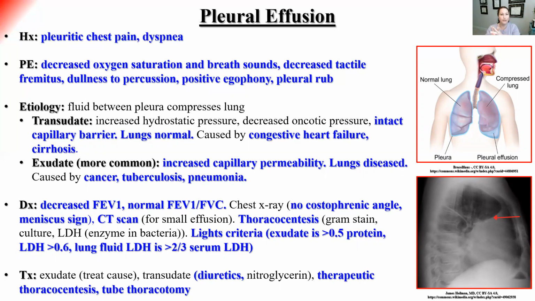Dullness to percussion because we're percussing over a liquid. Positive egophony. Remember, we're going to hear that A sound rather than the E sound. And then a pleural rub, which kind of sounds like saran wrap being rubbed together.